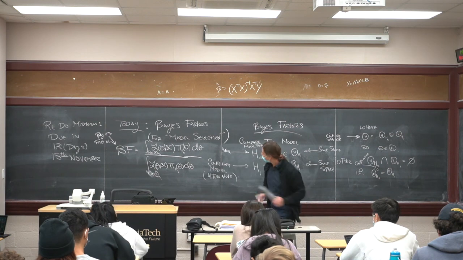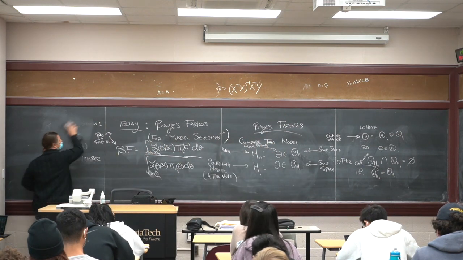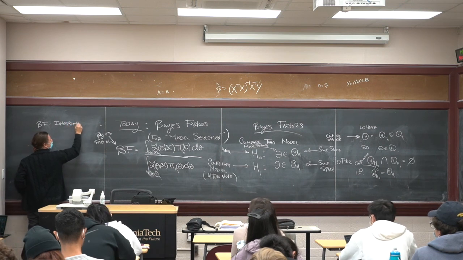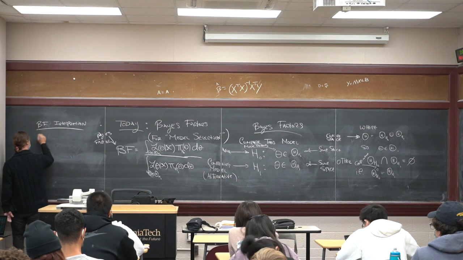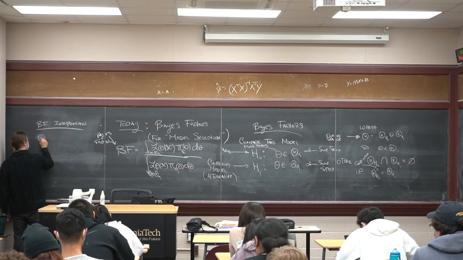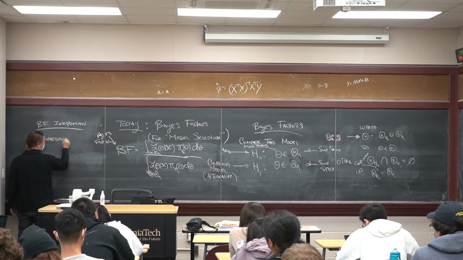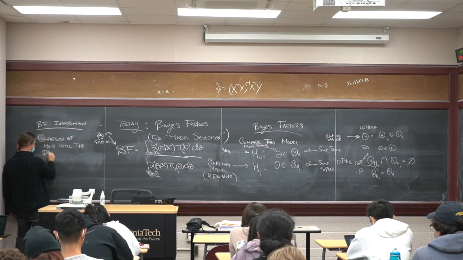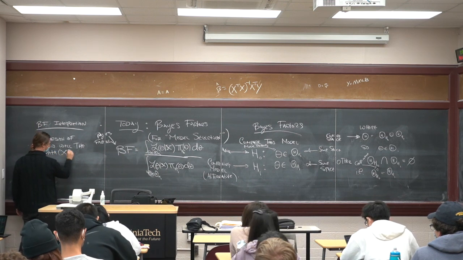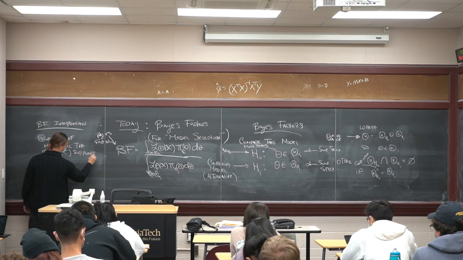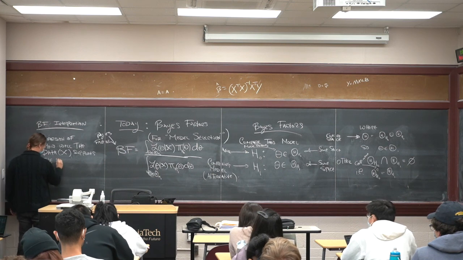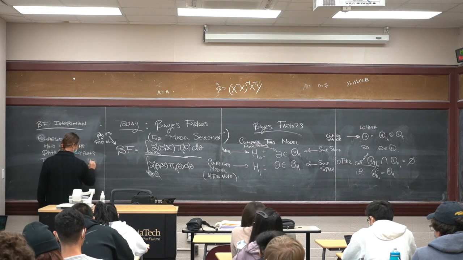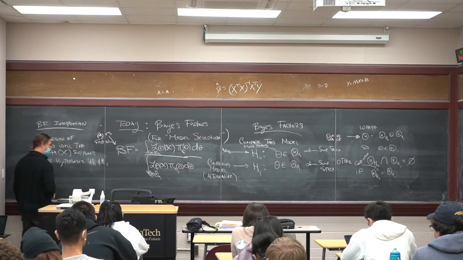So my interpretation of this number might be something like this: a comparison of how well the data, that's X, supports the hypotheses H naught and H1, and I'll say on average.